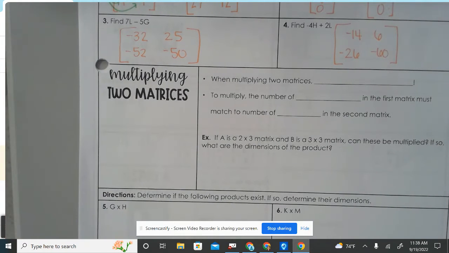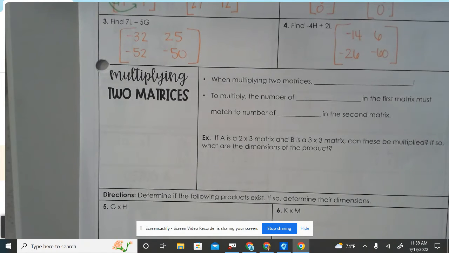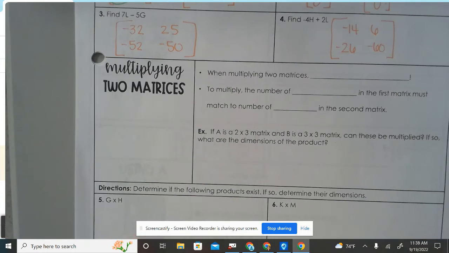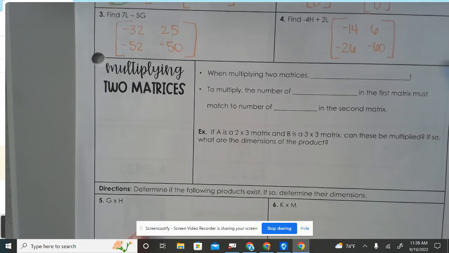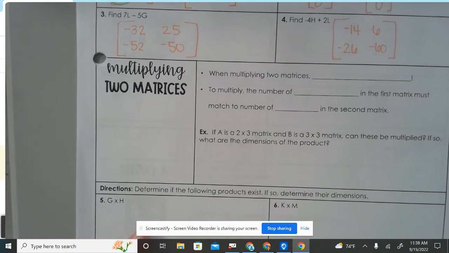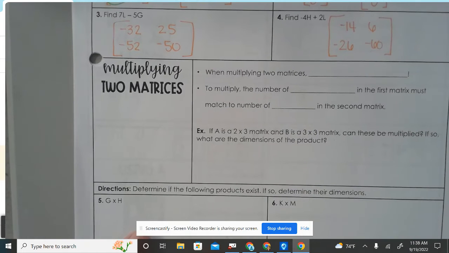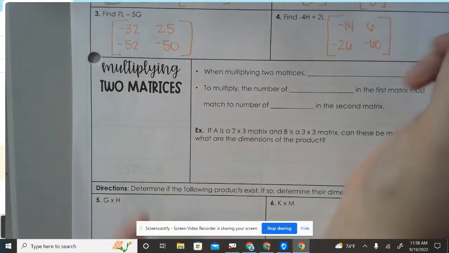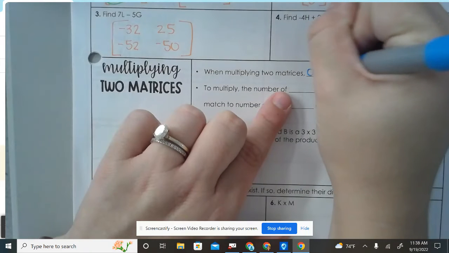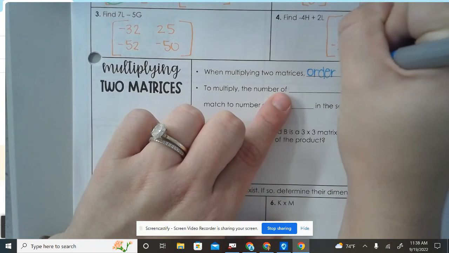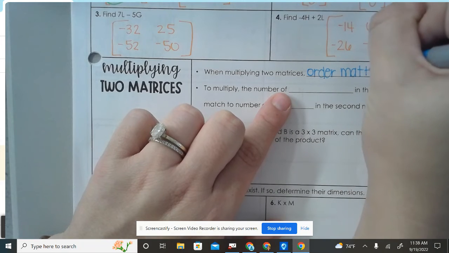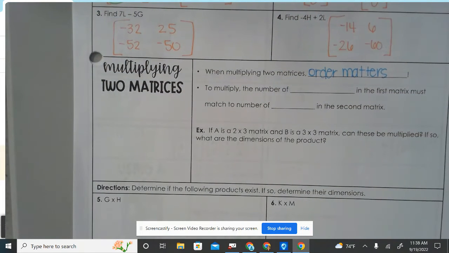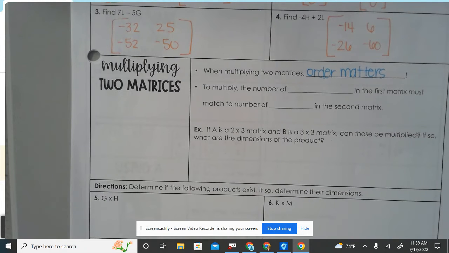So first of all, multiplying matrices is not like regular multiplication where 2 times 3 is 6, 3 times 2 is also 6. You can't flip the order of your matrices when you multiply them. You'll get two different answers. So when you're multiplying two matrices, order matters. So the order that you have them written down in.